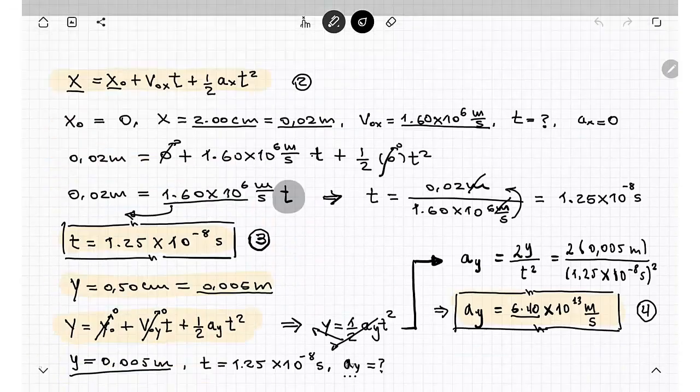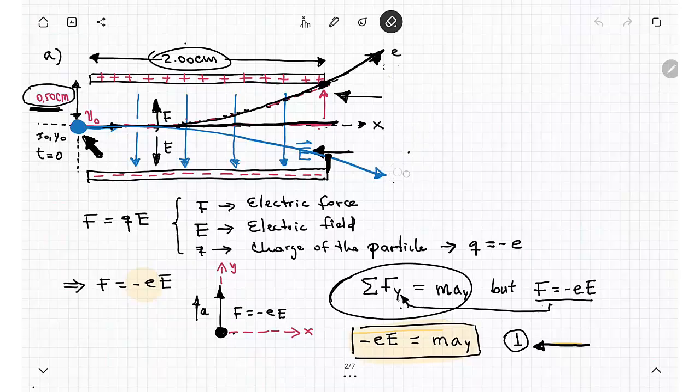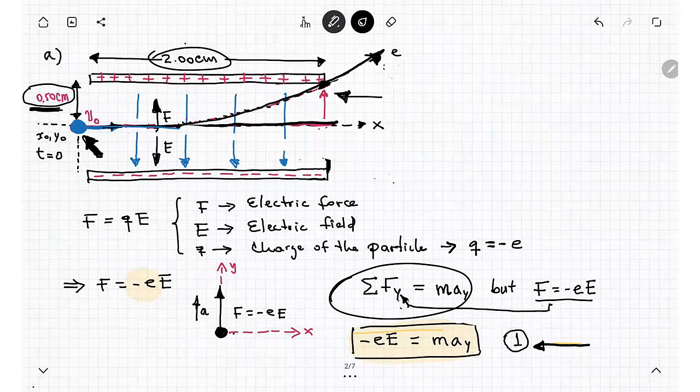Actually, if we go to the illustration, we can draw this proton path differently, because this is the displacement of the electron, right?